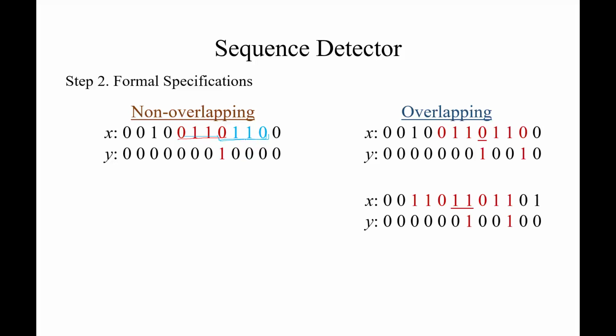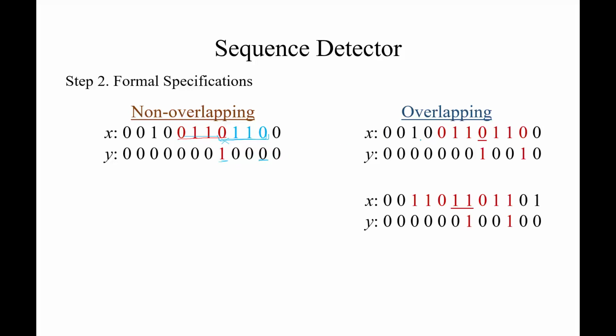But because we are having non-overlapping specification, only independent patterns are allowed, so we cannot use this 0 here. ठीक है, तो इसका मतलब है हमारी जो आउटपुट है वो सिर्फ इंडिपेंडेंट पैटर्न्स के लिए ही हाई होगी. ओके, so this pattern although it's there, but in non-overlapping specification we cannot consider it and make our output high.